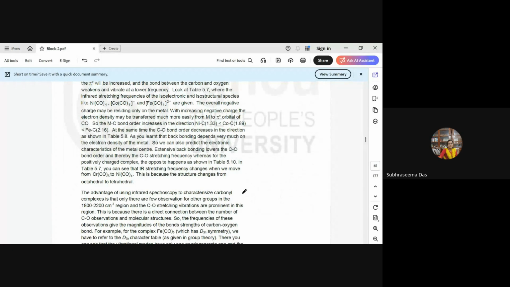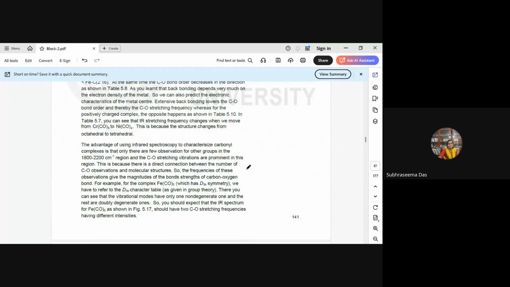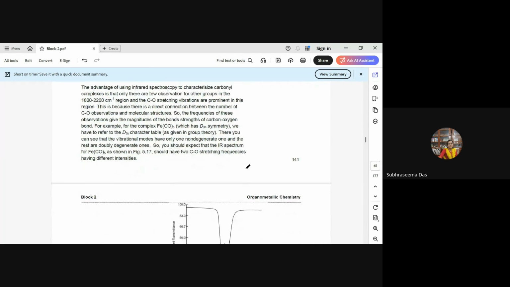Now, the advantage of using IR spectroscopy to characterize different carbonyl complexes is that there are only a few absorptions from other groups in the region of 2100 to 1700, and the CO stretching vibrations are particularly prominent in this area.